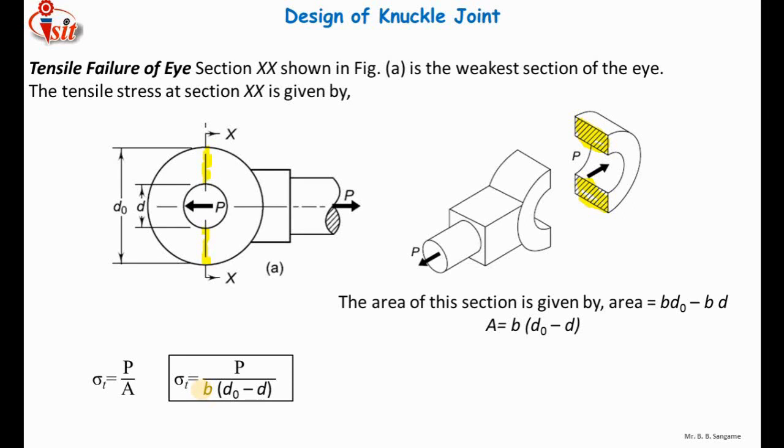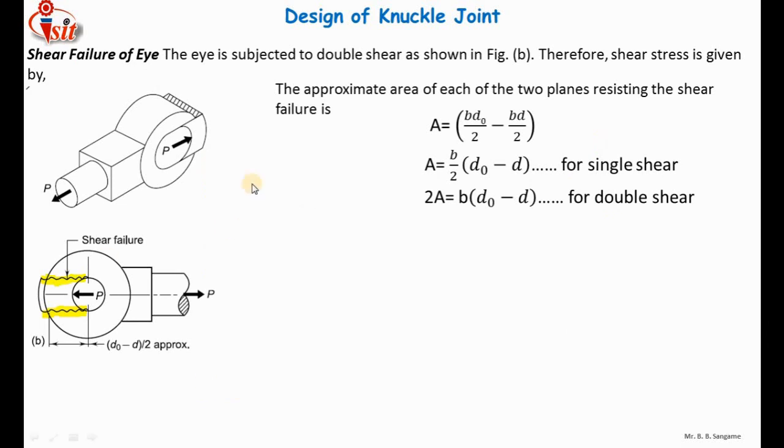Similarly, we have to consider the shear failure of the eye. In this diagram I have highlighted this portion. After the application of force there is a possibility of shear failure, so this portion of the eye can get separated; it will tear off because of the force.